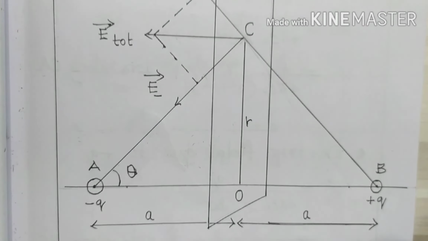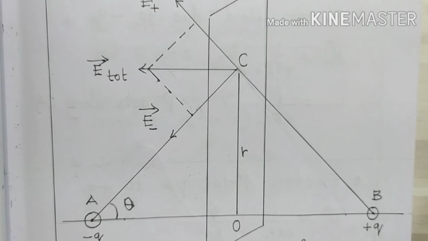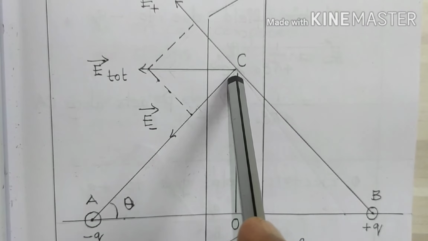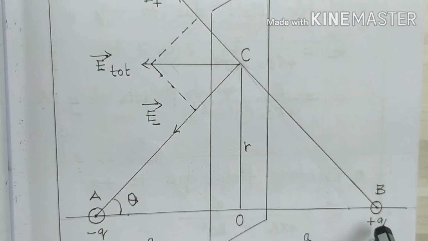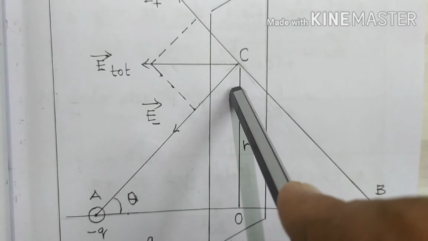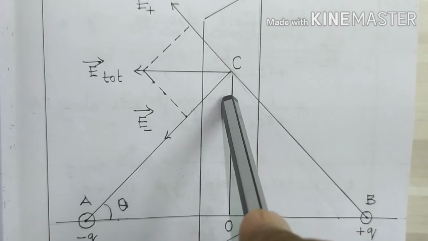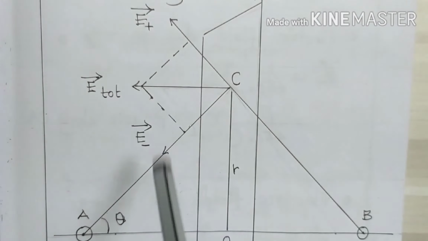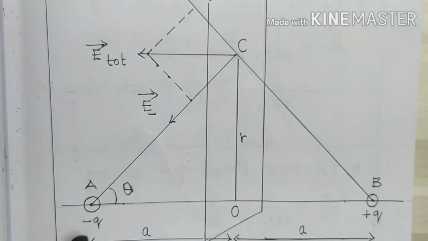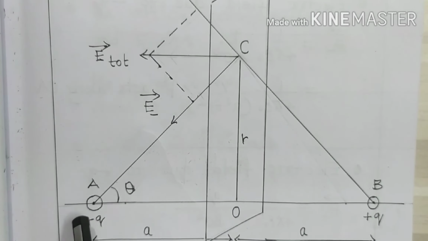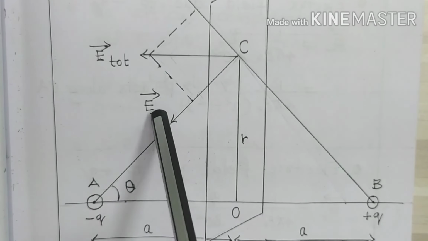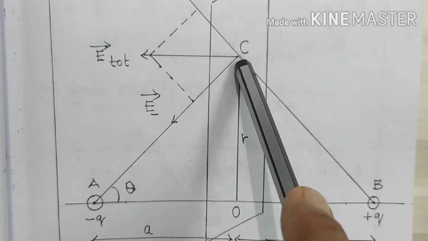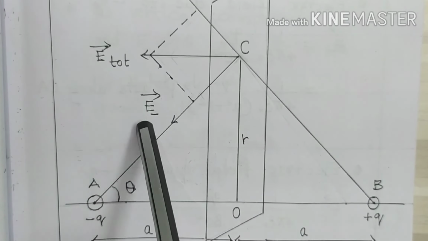Here, a test charge, a unit positive charge, is placed. The positive charge exerts a repulsive force on it, so the direction of the electric field is given like this. Similarly, here the negative charge attracts this positive charge, so the direction is given towards A. E minus vector.